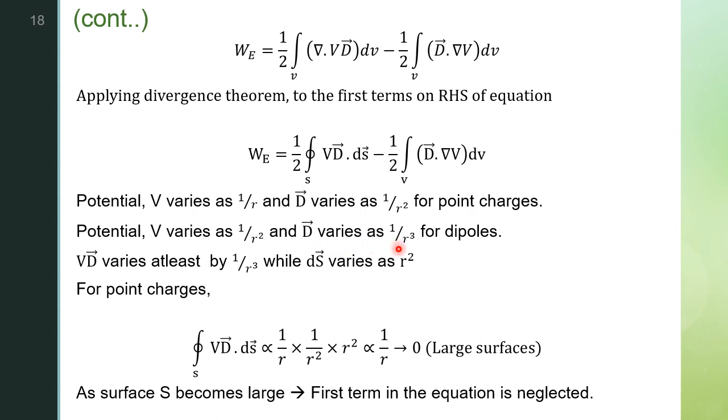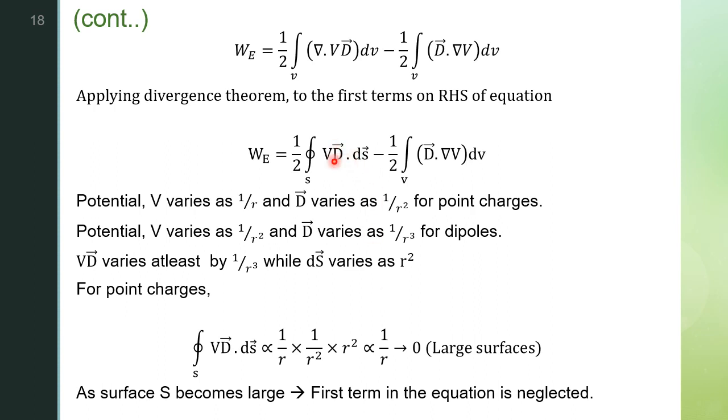So as the number of charges increases, the power of R also increases. Thus, at a minimum, V into D will vary at least by 1 by R cube, and area will always be proportional to R square.